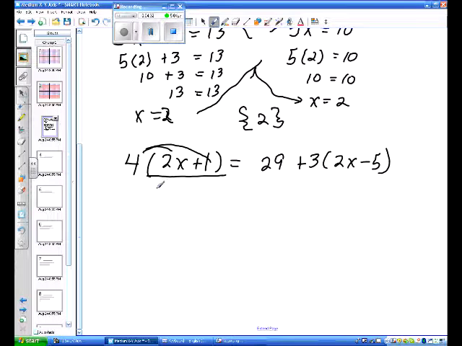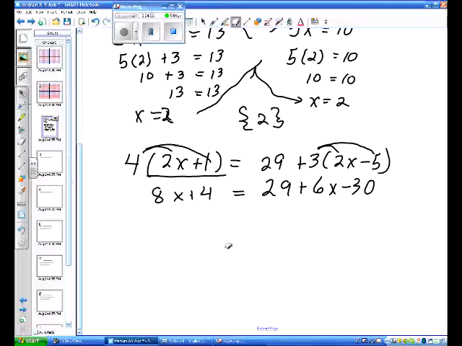We do that by using our distributive property. So we're going to distribute the 4 and have 8x plus 4 equals 29. And then we're going to distribute the 3 to remove that set of parentheses. So plus 6x minus 15.